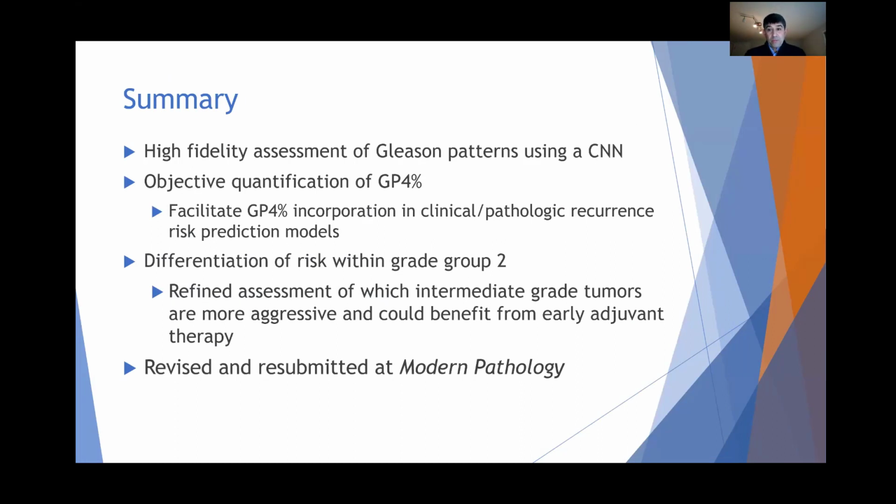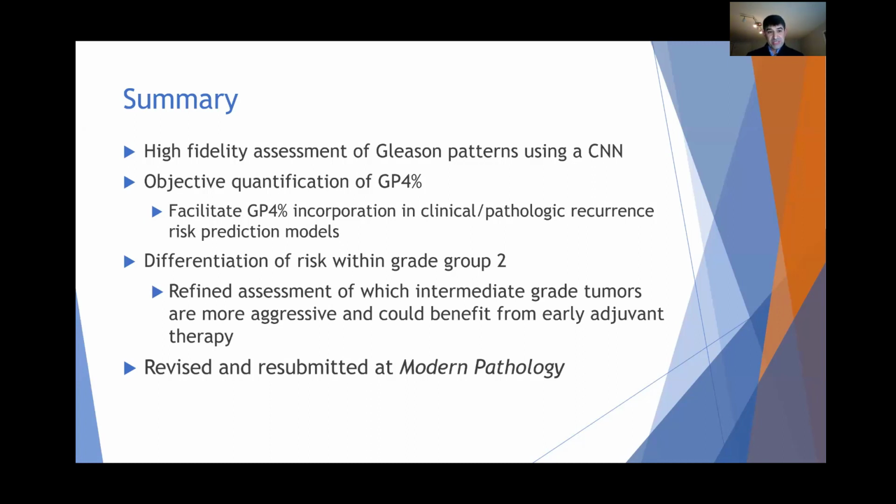So what I really wanted to show you was this interesting new use of old data towards the production of a tool that could actually be used by pathologists in grading their prostate cancer. We showed a high fidelity assessment of Gleason patterns using the convolutional neural network.